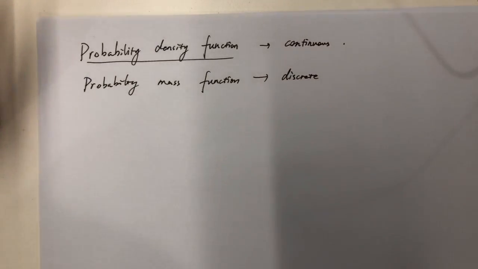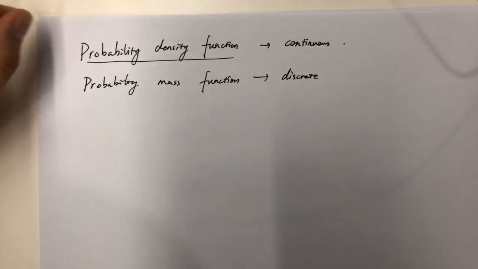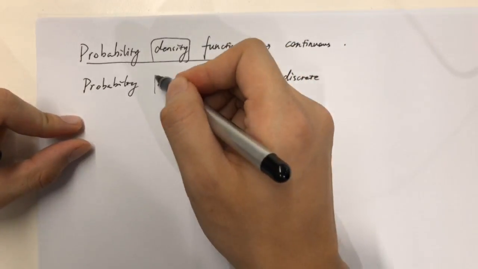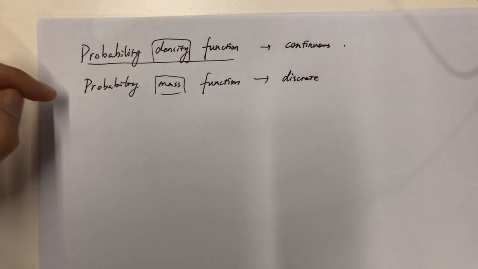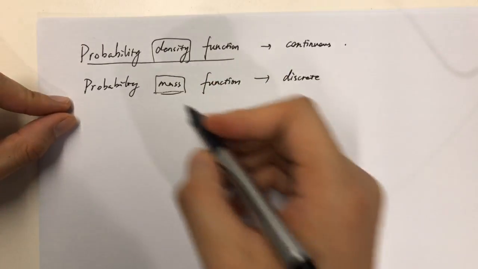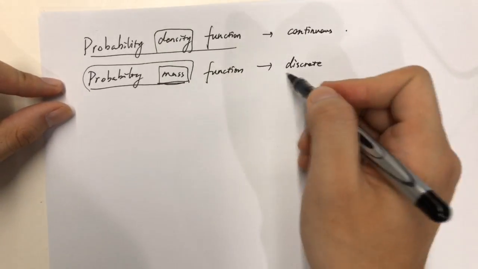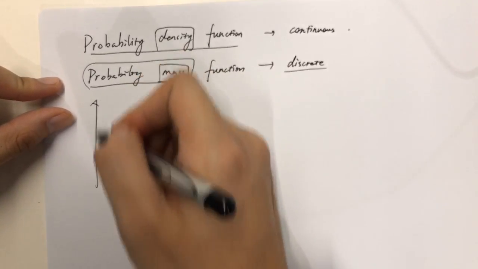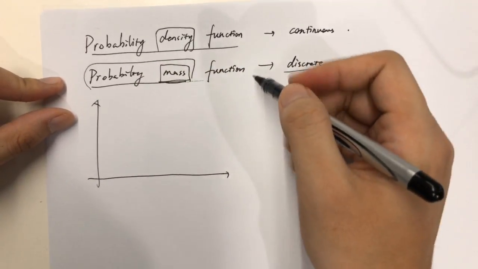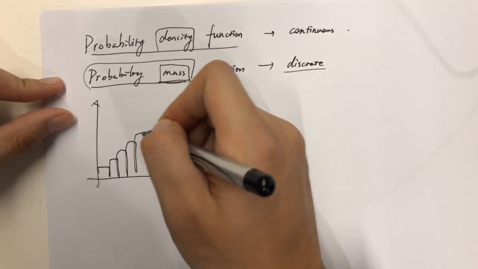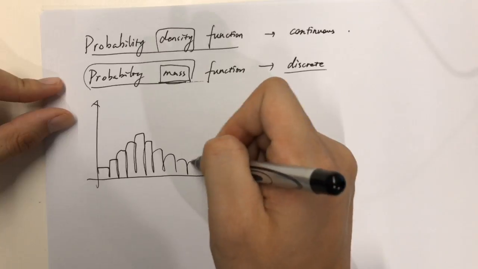If you learned a little bit of physics before, you probably know the difference between density and mass, okay? So if we define mass as our probability, the real probability, then for discrete distributions, the PMF actually looks like this, right?